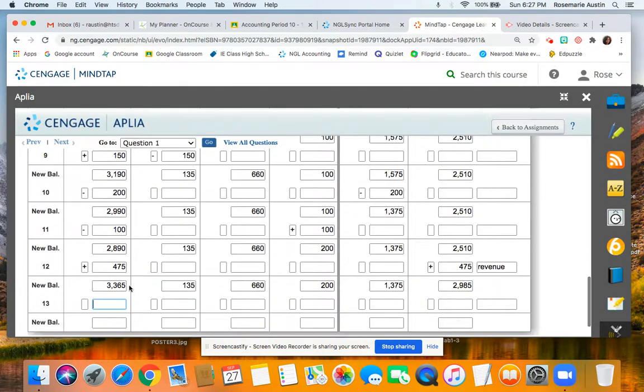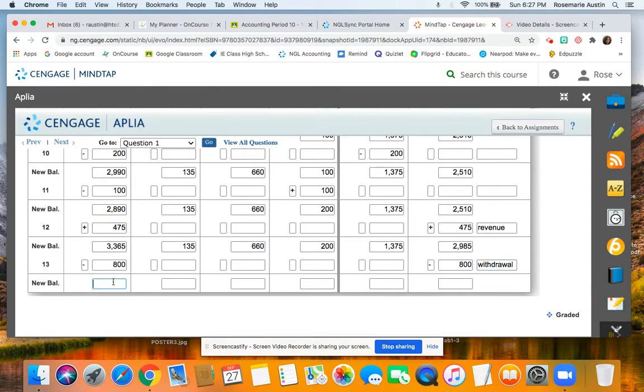All right, so we're going to do a minus here, 800, and a minus here under owner's equity for 800. And the description is withdrawal. Okay. And our cash is $33.65 minus 800 is $25.65.